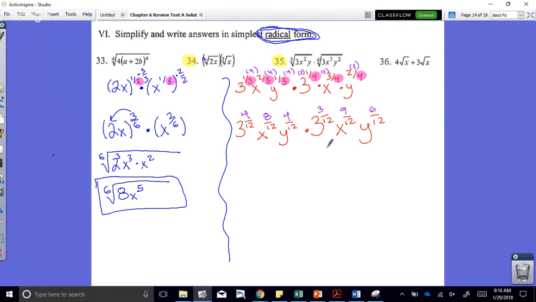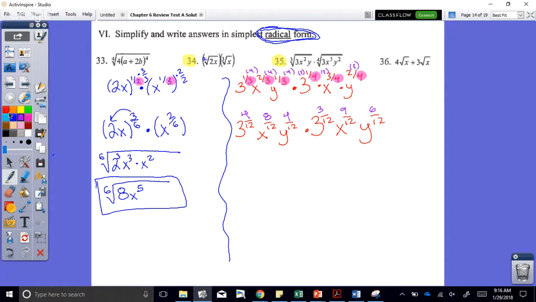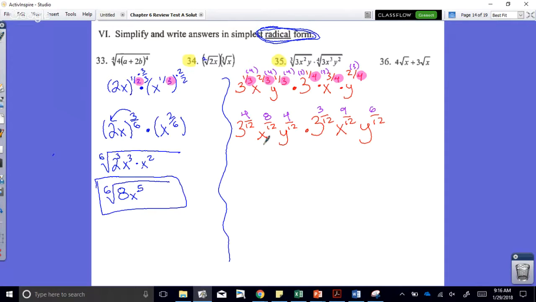Okay, so now that we have matching denominators, we can go ahead and put it under the radical. So this is the 12th root. I have a 3 to the 4th and a 3 to the 3rd, x to the 8th and an x to the 9th, and a y to the 4th and a y to the 6th.